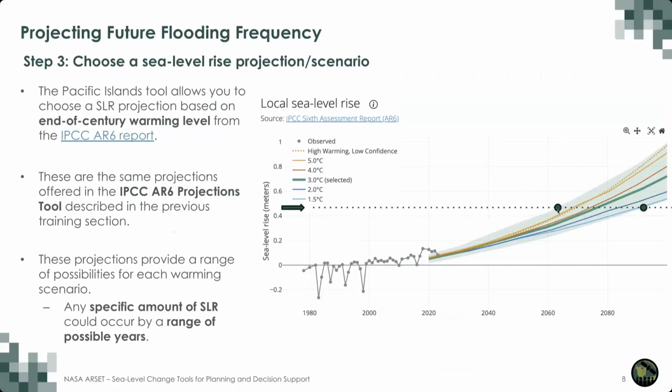Well, this green shading starts around 2065 and ends around 2090. That's a pretty wide range. So anywhere between 2065 and 2090 would be a reasonable time to expect 45 centimeters of sea level rise for 3 degrees C end of century warming. That's how we're interpreting this range of possibilities in the sea level rise.